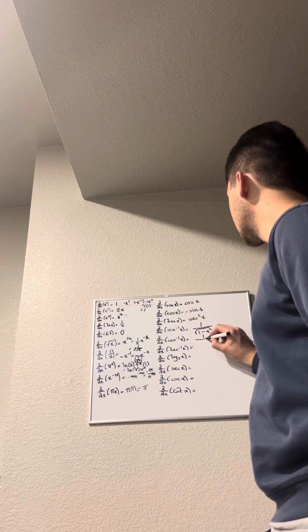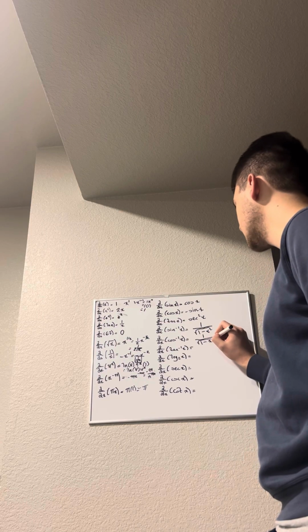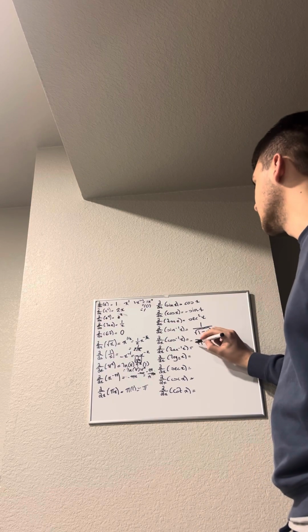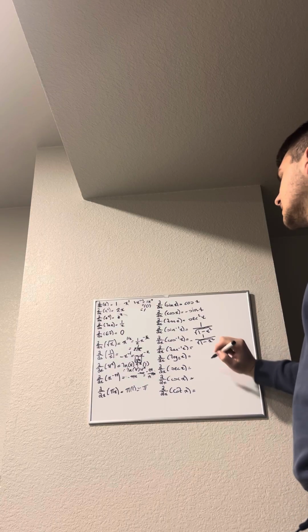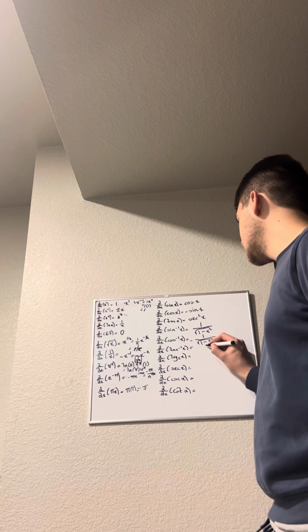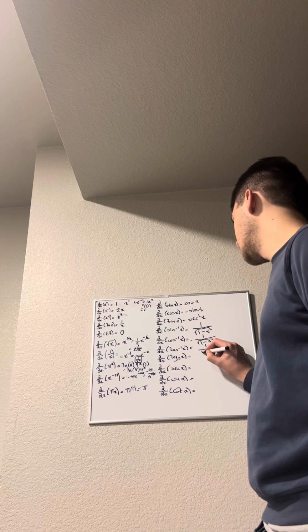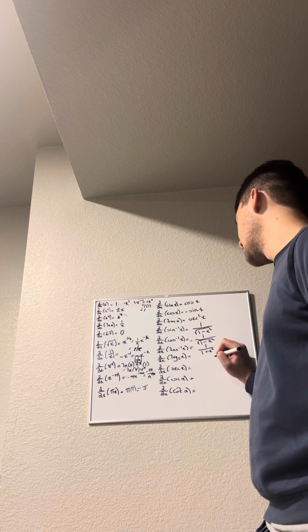You just rewrite it as 1 over the square root of 1 minus x squared, but this time instead of a positive, it's going to be a negative. And then the inverse of tan, again, looking back at the basic trig formulas and derivatives, it's going to be 1 over 1 plus x squared.